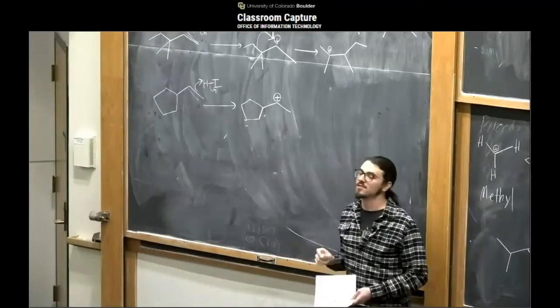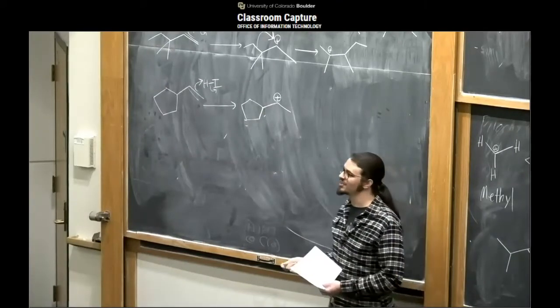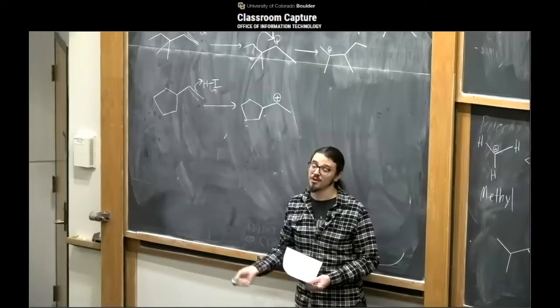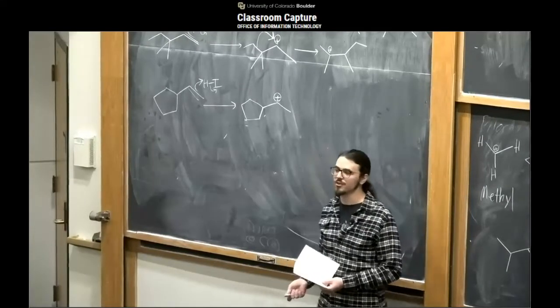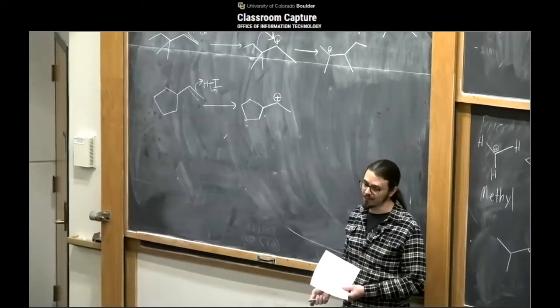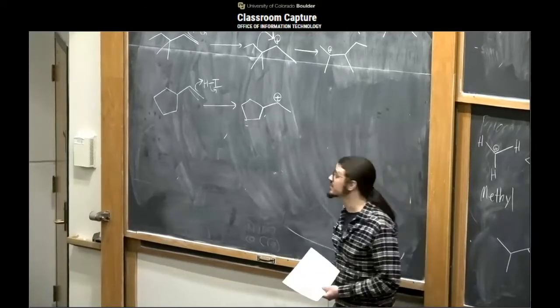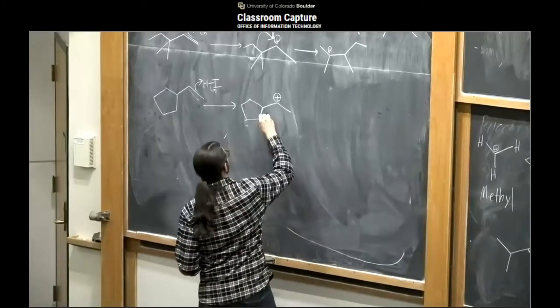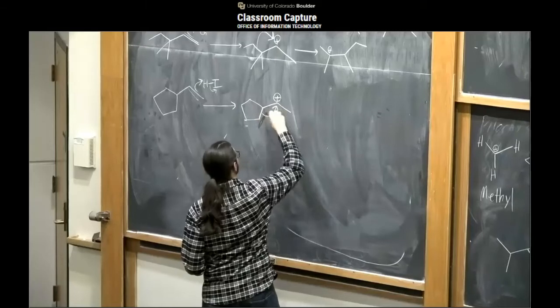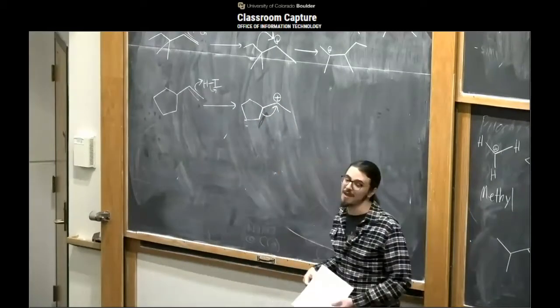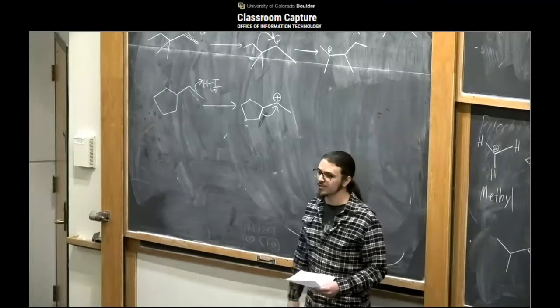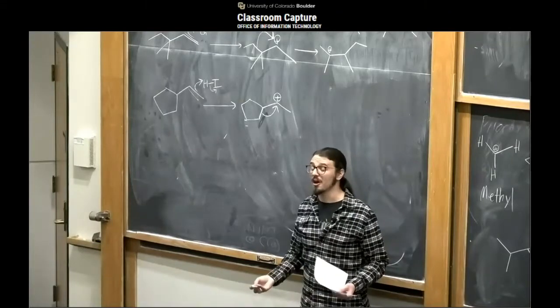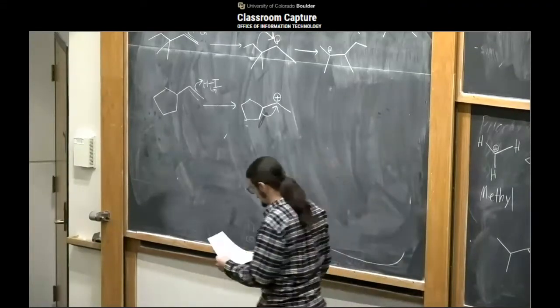However, because we have a 5-membered ring adjacent to a carbocation, and 6-membered rings are more stable than 5-membered rings due to having a better bond angle and fewer steric interactions, we're actually going to migrate this ring and basically make the ring 1 atom larger. So it's a little hard to keep track of where every carbon goes when you're doing this, so I'm going to go ahead and number them.